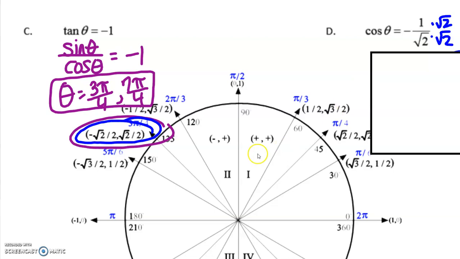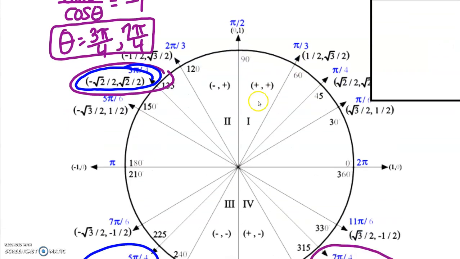Many of you saw that right away. We know we're dividing to get a negative. So that means either the y coordinate is negative or the x coordinate is negative. So you know you're either in quadrant 2 or quadrant 4. So you would be looking for values there. So that's why 3 pi over 4 works.